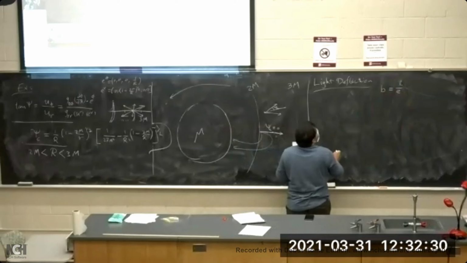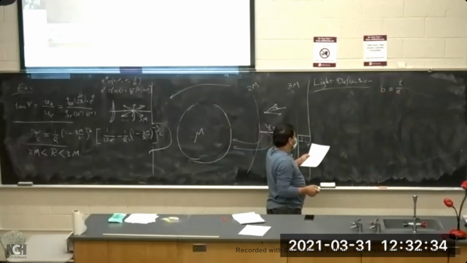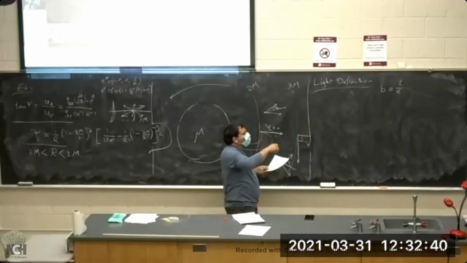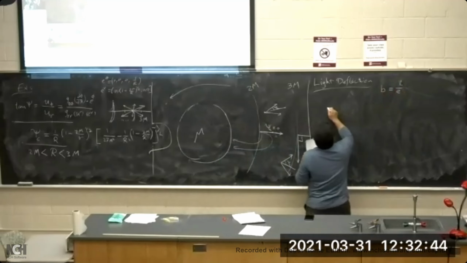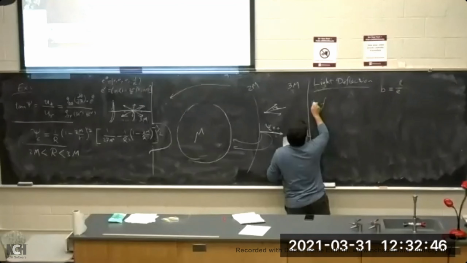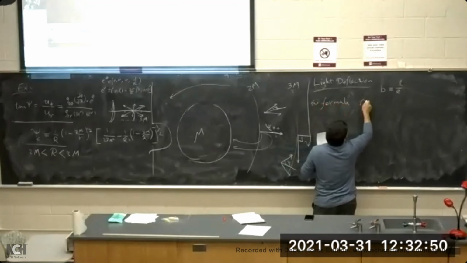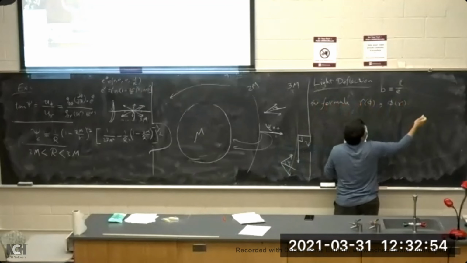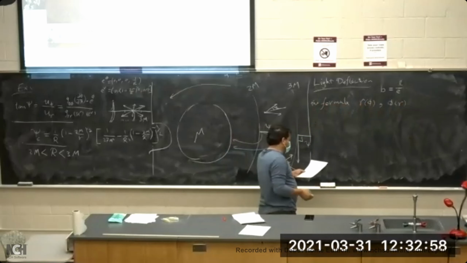Now we'll find the formula between R and phi, the formula of the trajectory of the light, R of phi, or phi of R, just as we did for a particle in classical mechanics.